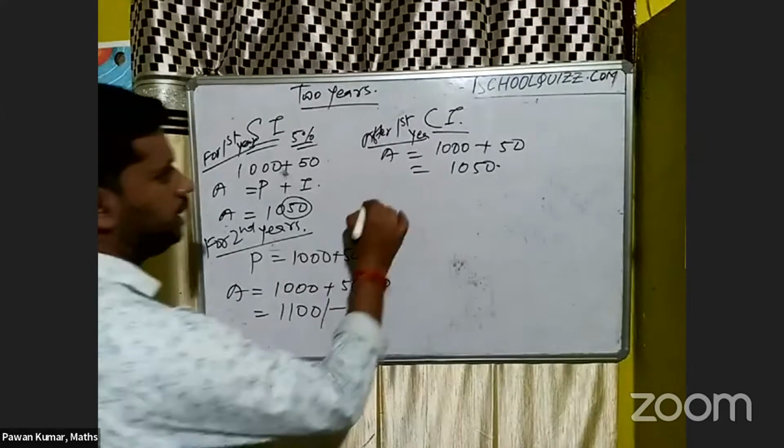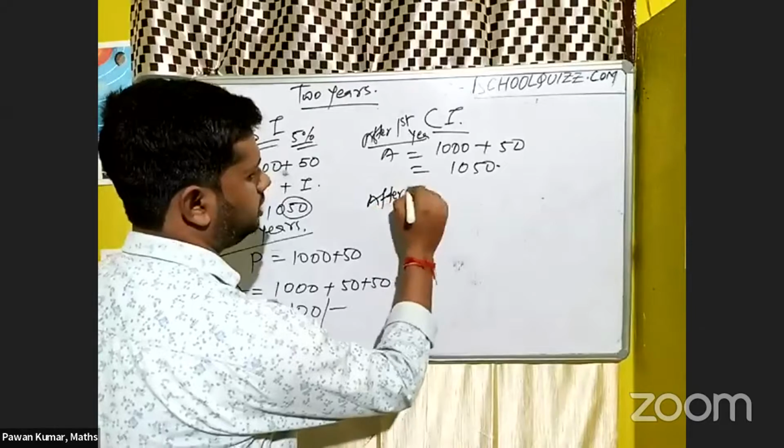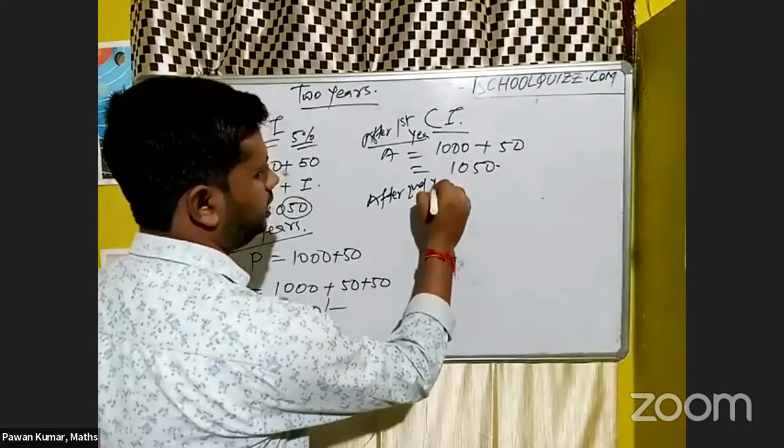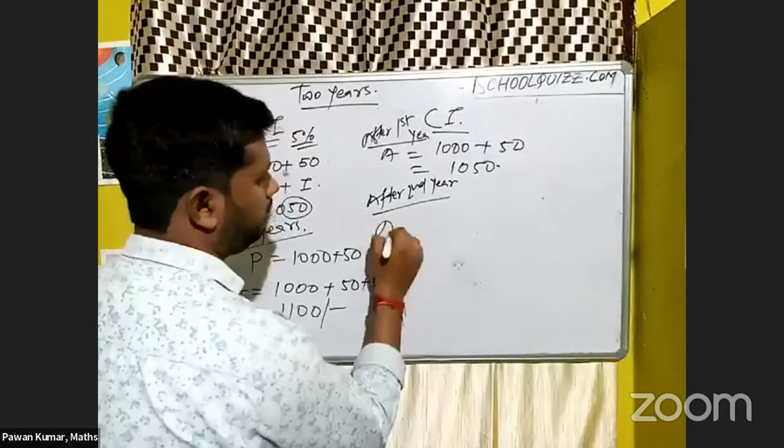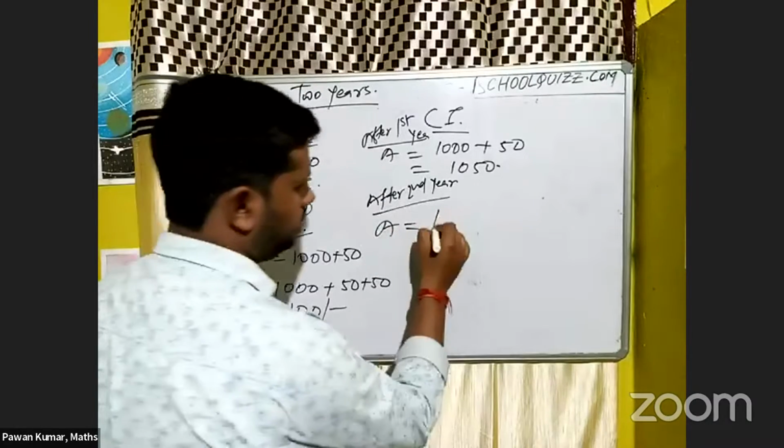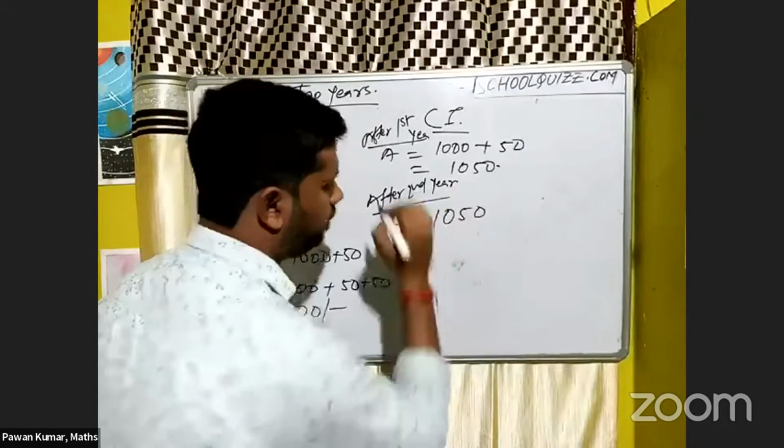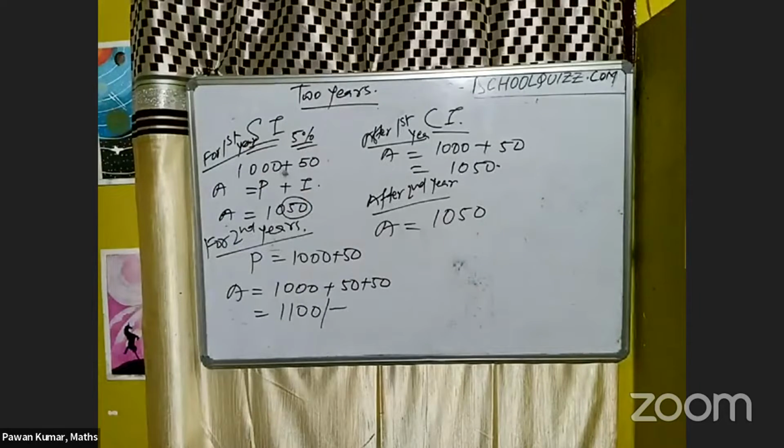But in CI, after the second year, what will happen? The principal will change to 1,050 rupees. Correct.